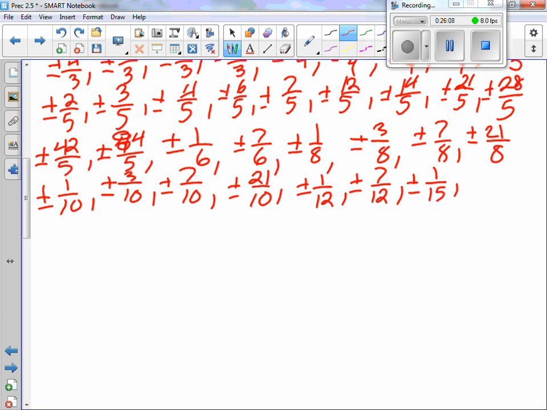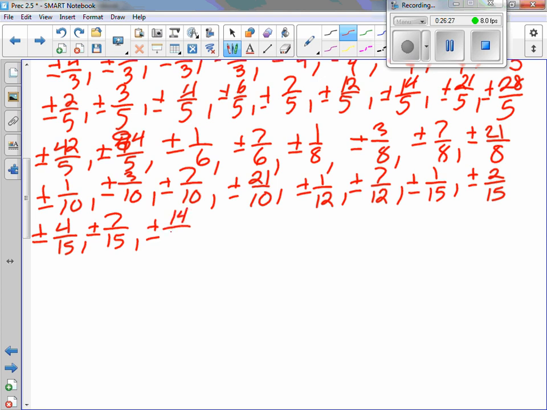1/15. 2 15ths won't reduce. 3 will. 4 won't. 6 will. Both have 3. 12 will. 14 won't. 21 will, because again, it's almost any that have a 3, because it's reducing 15 down to 5.